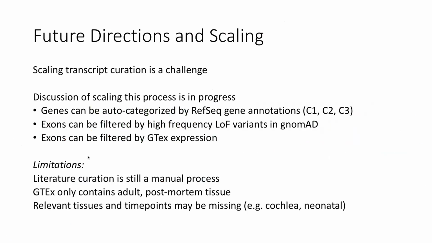But limitations being it's a manual process, and also GTEx can only help you so much because it contains adult post-mortem tissue. Maybe relevant tissues and time points might be missing if you're looking at a neonatal disease or if you're looking at cochlea in our case.